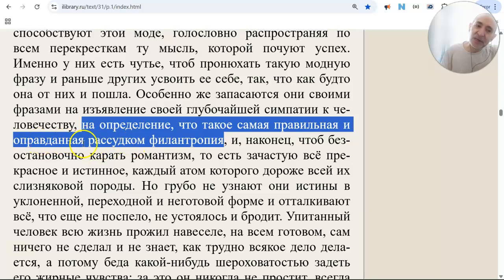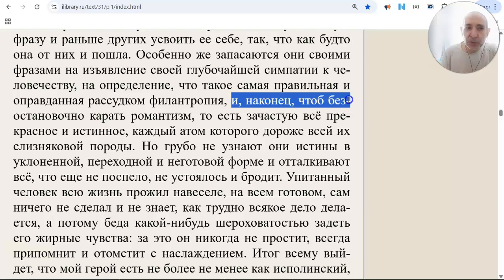Рассудком means mind-wise, because рассудок means mind. Рассудком means by the mind. Philanthropy. So they store their ready-made phrases to express their sympathy towards humanity, for the expression of what is the most correct and justified by the mind philanthropy.